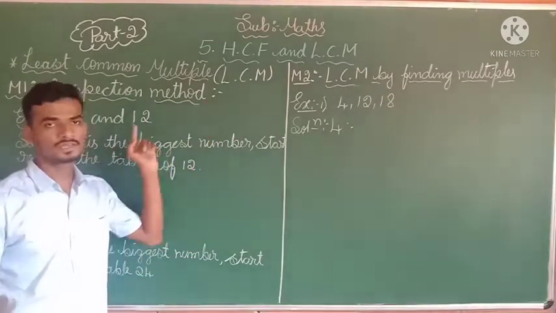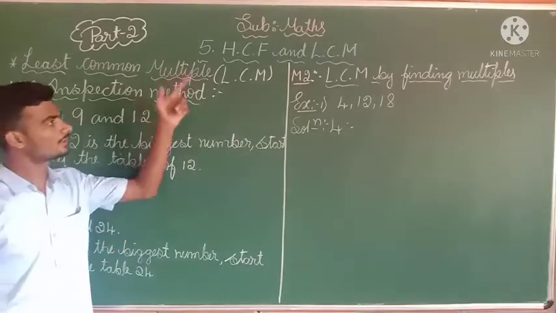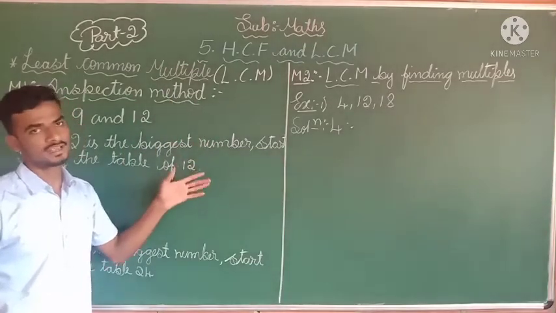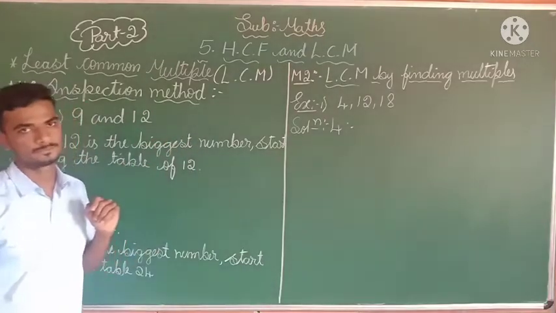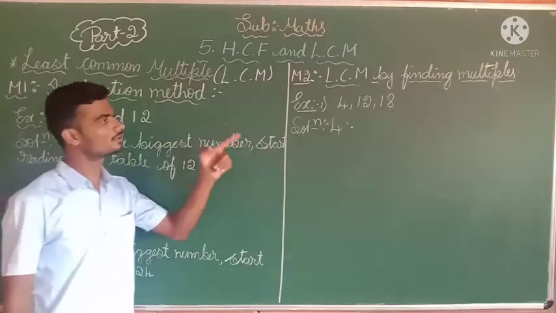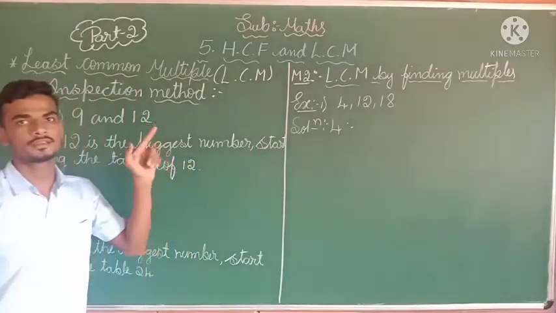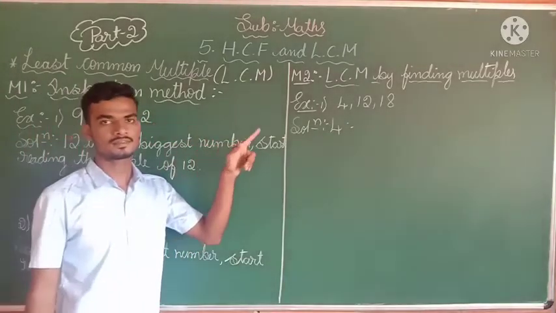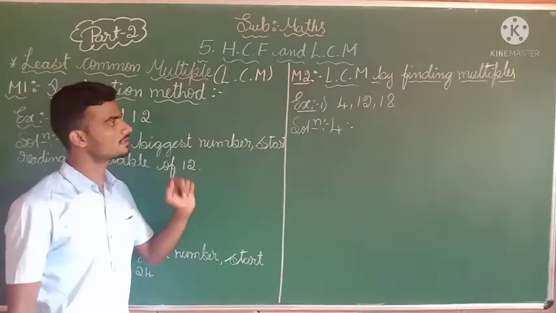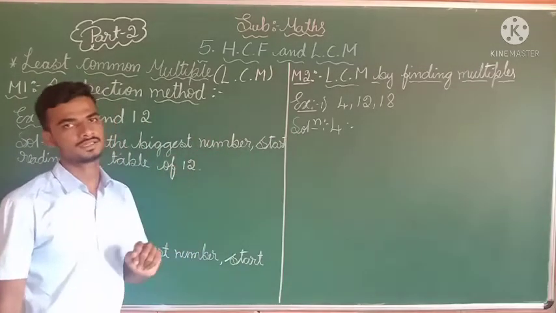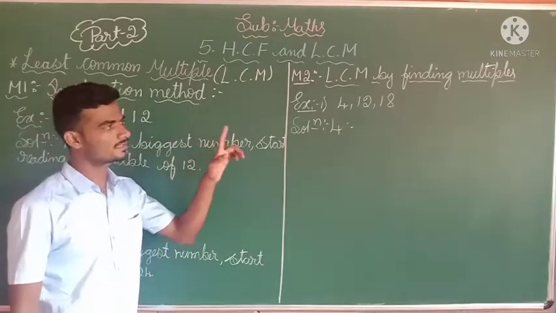Here 12 is the bigger number, so I have given this 12 table. Next there is the 9 table, in which you will find 36. 9 fours are 36. Then 12 threes are 36. So in both tables 36 is present.